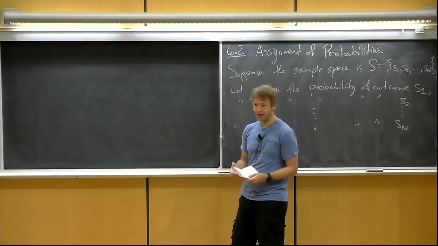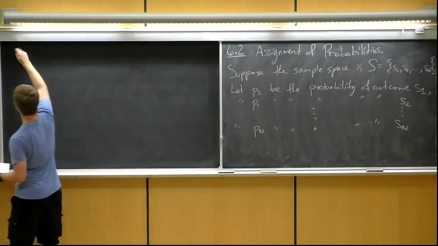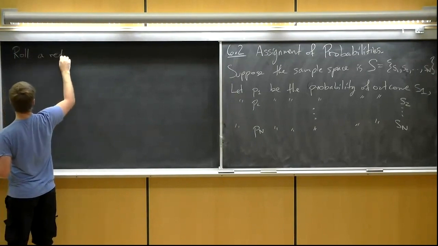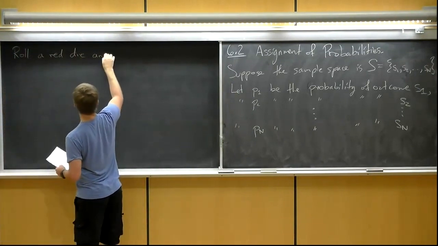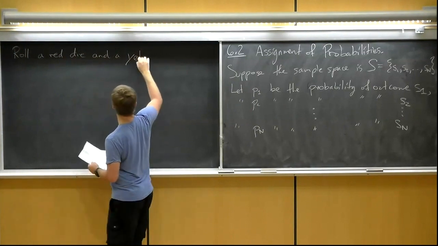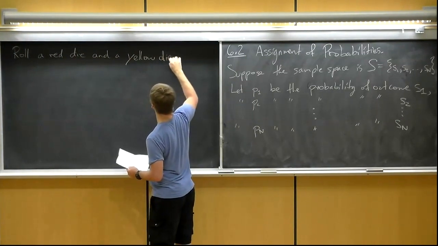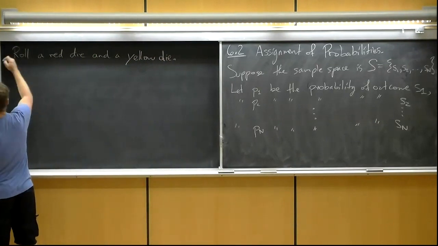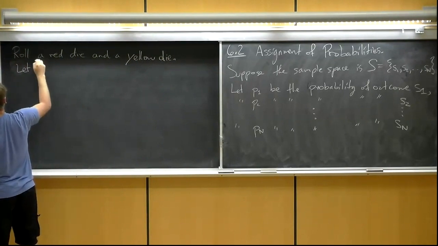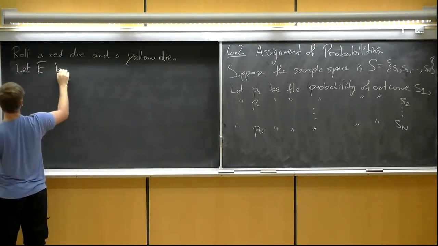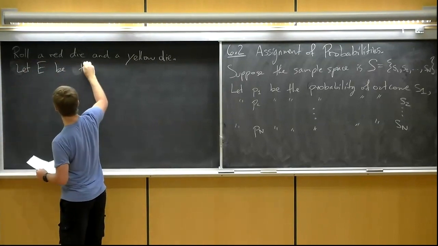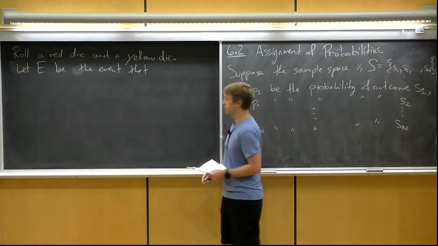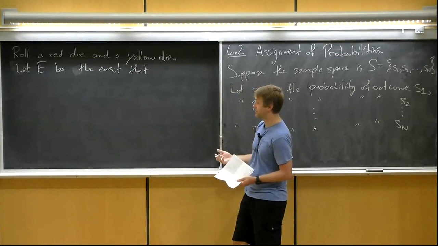So let's do an example to see how this works. So suppose I roll a red die and a yellow die. Let E be the event that these two dice rolls add up to 6.